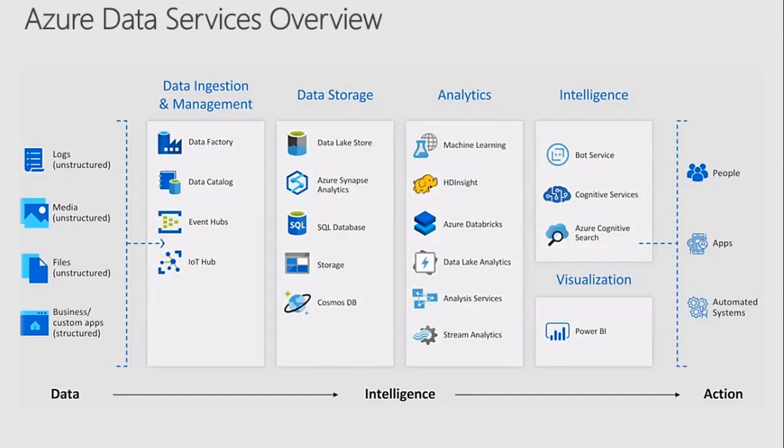On the left-hand side you can see your data can be anything. It can be logs, like IoT devices sending a large number of numerical logs. Your data can be media, like a streaming platform with multiple media resources.